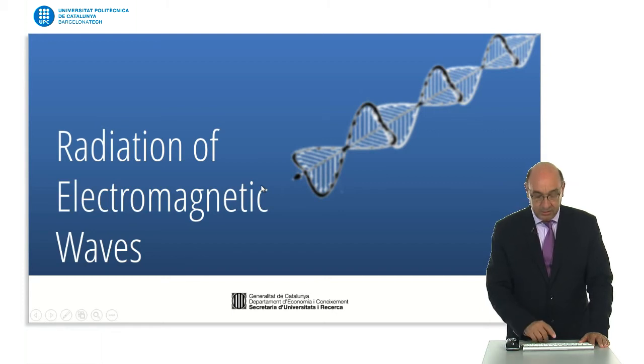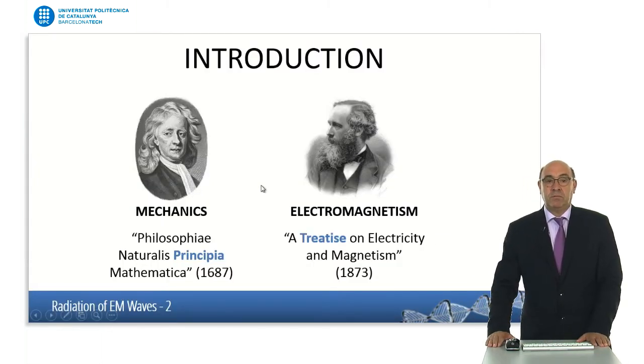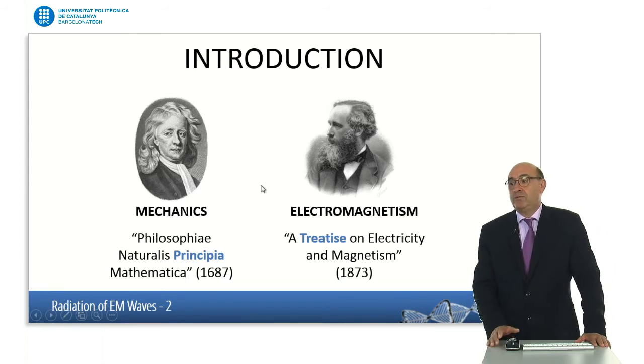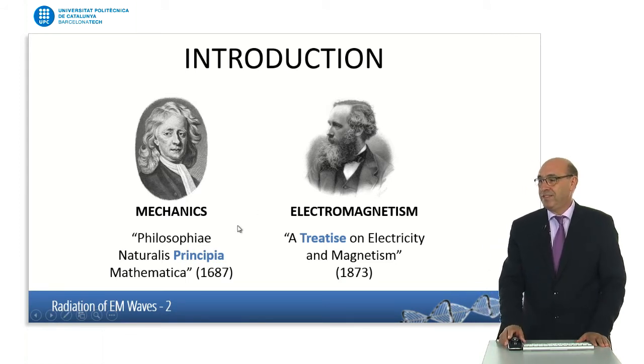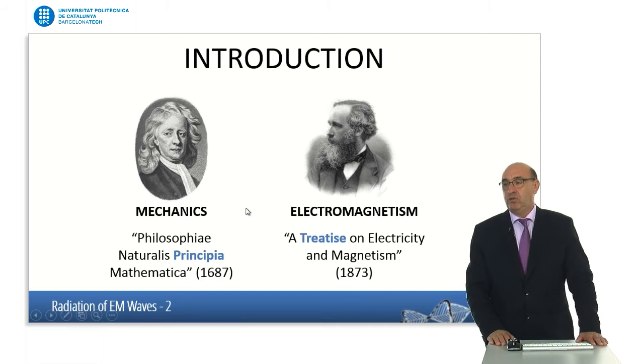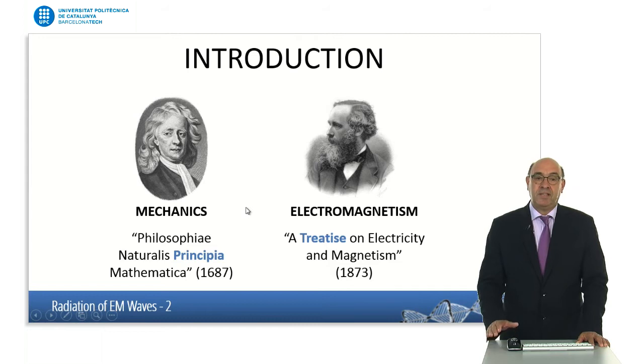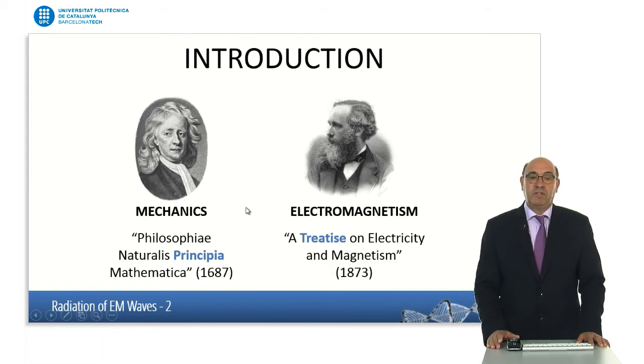And just to give you some hints of the historical background, here you have two pictures that you may well identify. On the left, Newton, and on the right, Maxwell. Newton puts forward all the laws that govern the mechanics of our world.